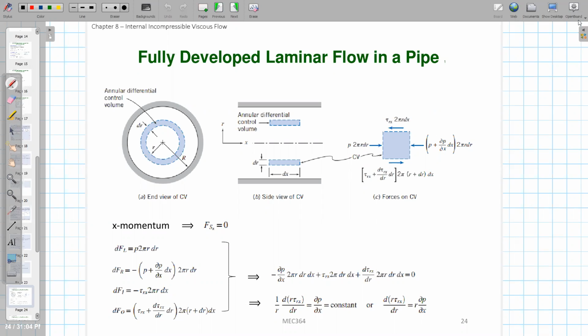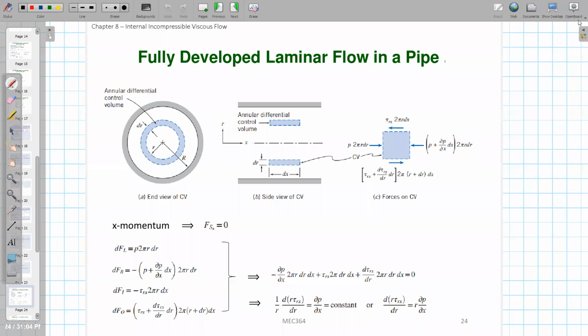We have two methods to do that. The first method is to solve the full Navier-Stokes equation, and we may make some simplifications based on our assumption of fully developed flow, because we know that for fully developed flow, u is only a function of y, not a function of x.